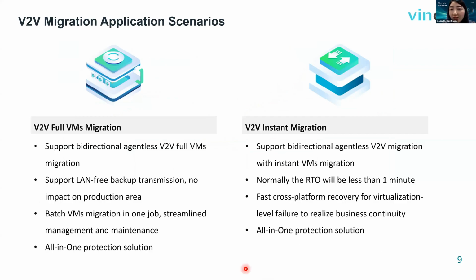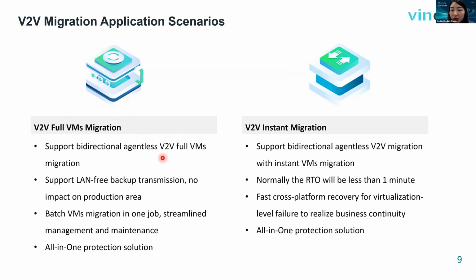And next, I'd like to explain more about the 2 typical V2V migration application scenarios. The first one is the V2V full virtual machine migration. This is suitable for users who want to change their virtualization to another one, or for enterprises running in a hybrid virtualization environment, who need a comprehensive backup protection solution to defend against virtualization level risk.